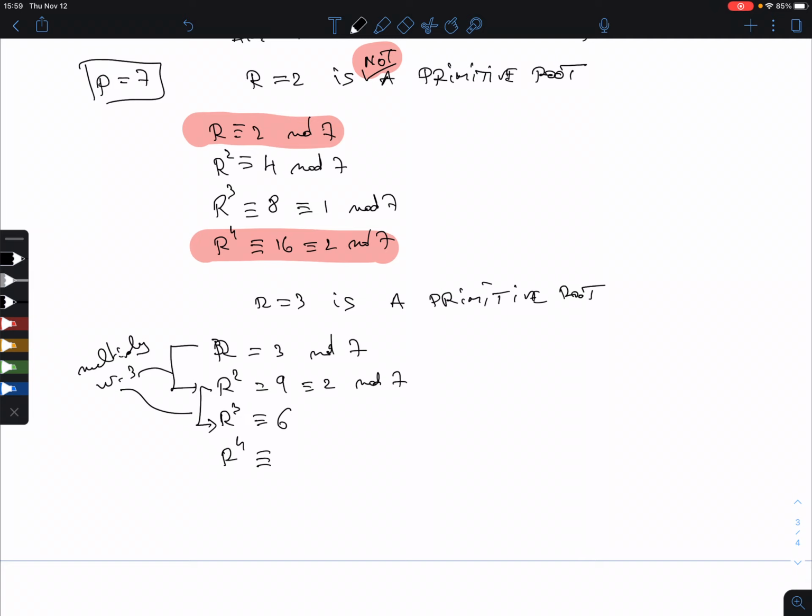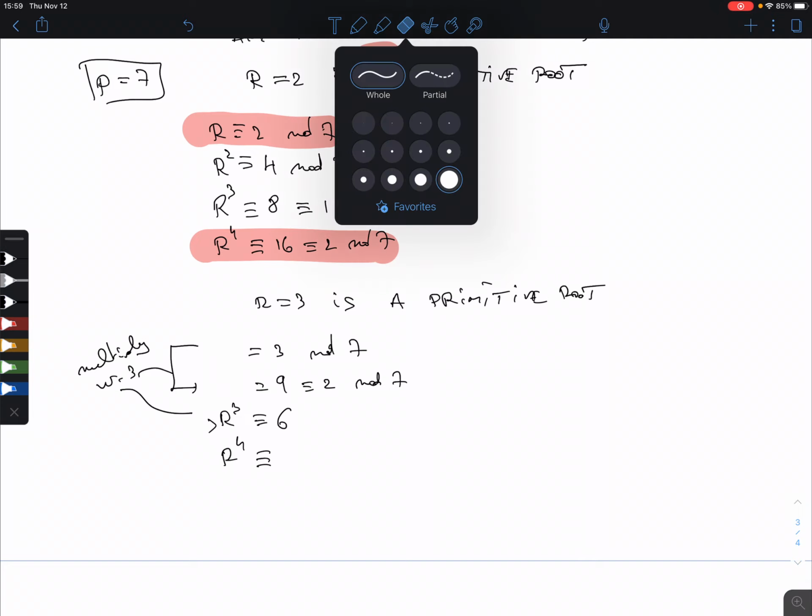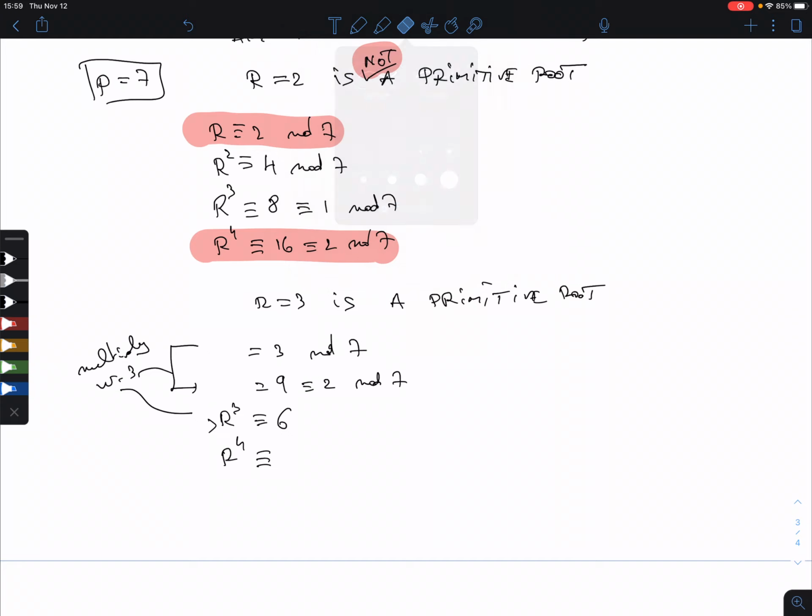So let me write 3 here. So this is 3, this is 3 squared, this is 3 cubed, and this is 3 to the 4th.